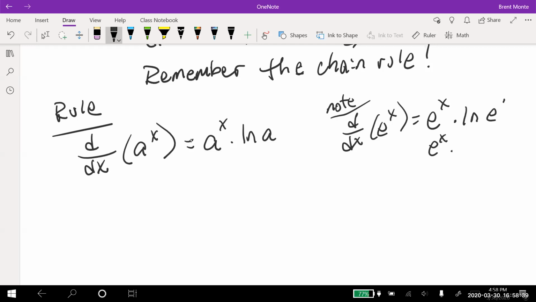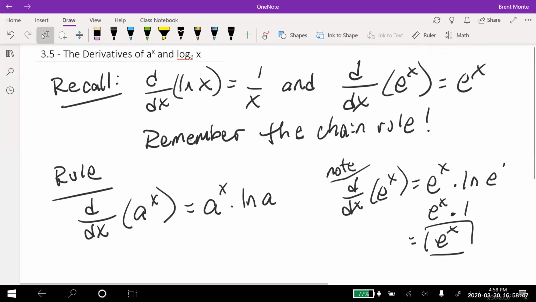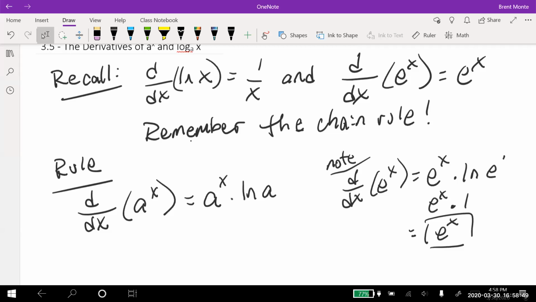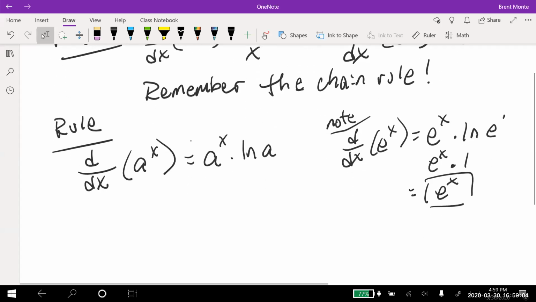This just becomes e to the x times 1, which is just e to the x, which is what we know the derivative of e to the x is. So we saw that from before. So this isn't changing anything. It's just saying if you have a different base, you have to say times ln of whatever that base is. If it's e, you don't have to say it because ln of e is just 1.